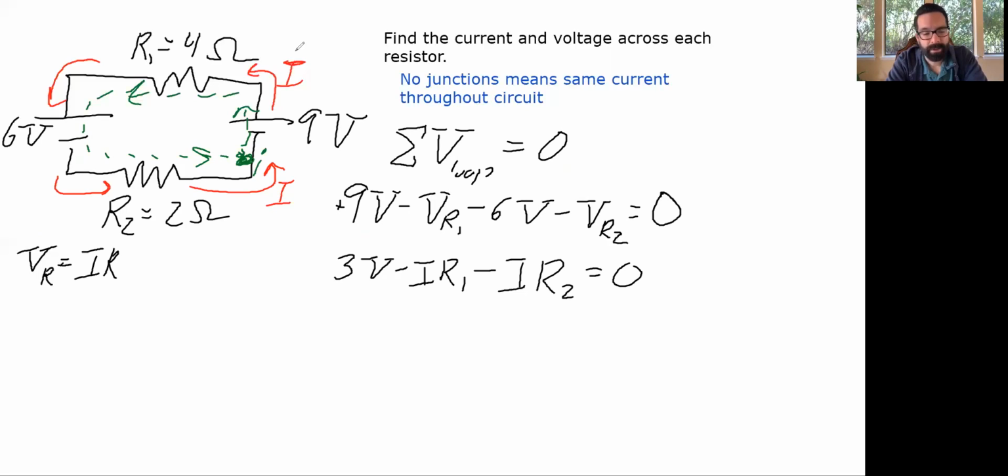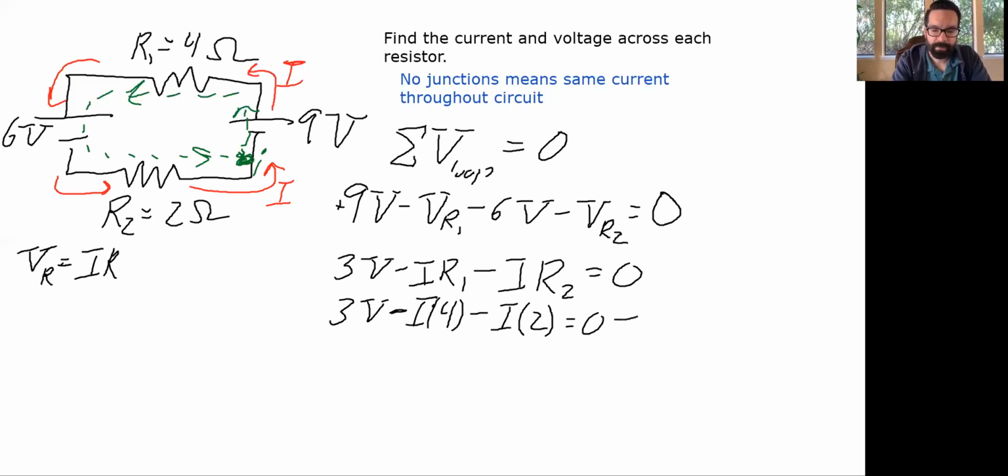So I'll work out the rest. So 3 volts minus I times 4 minus I times 2 equals 0. And so we could solve for I with that, right? So we get, double check my math here, I'm kind of just doing it in my head, but I get I equals 0.5.